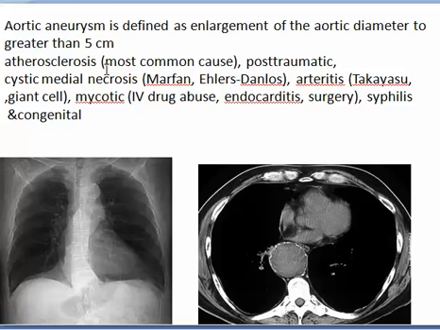Causes: atherosclerosis, the most common, post-trauma, medial necrosis as Marfan and Ehlers-Danlos, arteritis as Takayasu and giant cell, mycotic as drug abuse or endocarditis and surgery. Lastly, syphilis and congenital anomalies, congenital aneurysms.